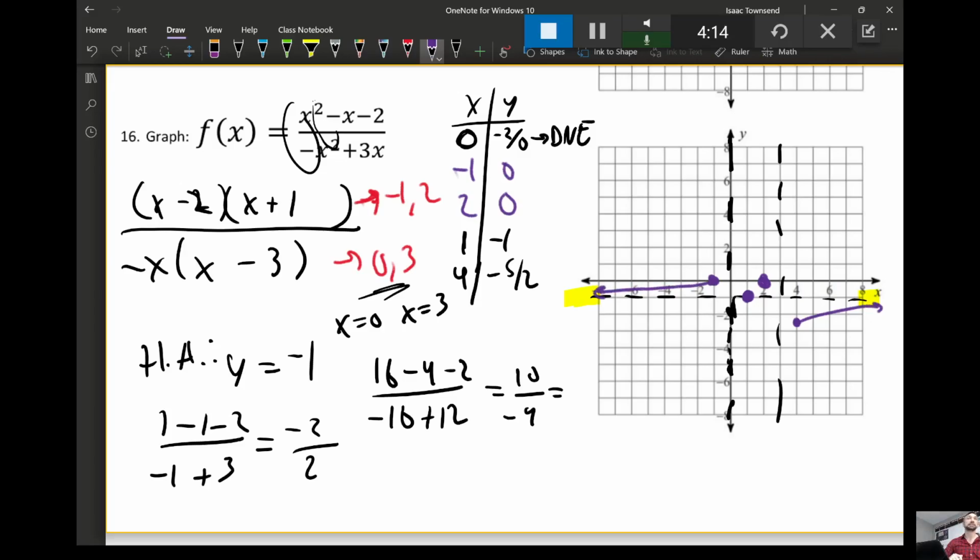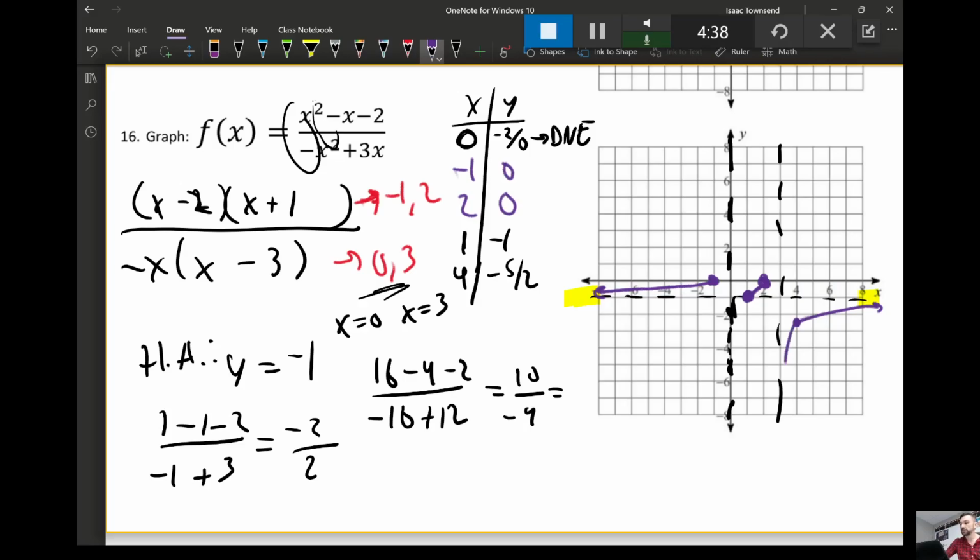A big misconception, I don't know why students assume this, is that you can't cross the horizontal asymptote. You can't cross it at the ends of your graph, but if your graph has 3 or more sections, it can cross it in the middle. And that's where getting these extra points helps you see that it actually does hit this in the middle section of the graph.